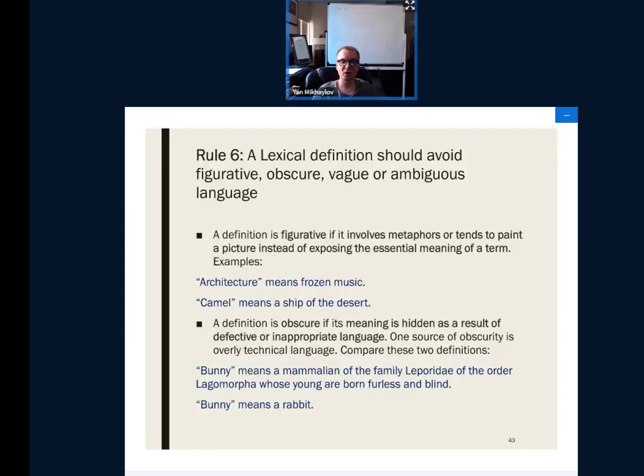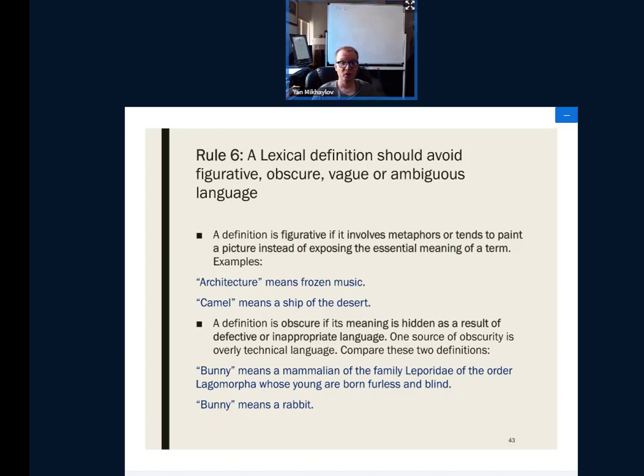Lexical definition should avoid figurative, obscure, vague, or ambiguous language. Another important one. Examples of figurative language: architecture means frozen music. Camel means a sheep of the desert. Well, this is not good for lexical definitions. It is a little too poetic.